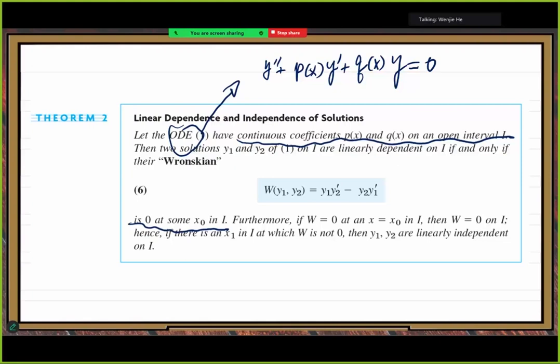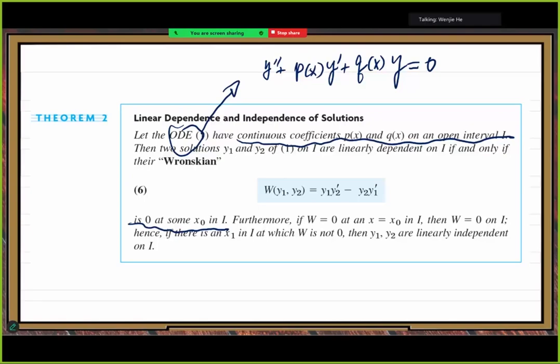But y1, y2 linearly dependent would make W equal to 0 on the whole interval I. So one point forces W to be 0 on the whole interval I.